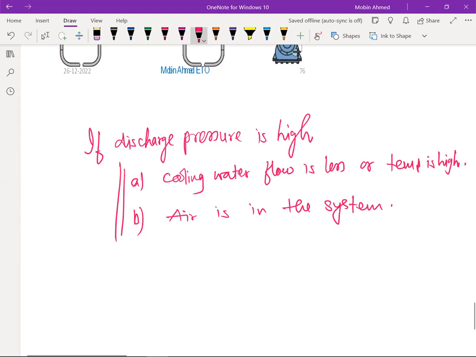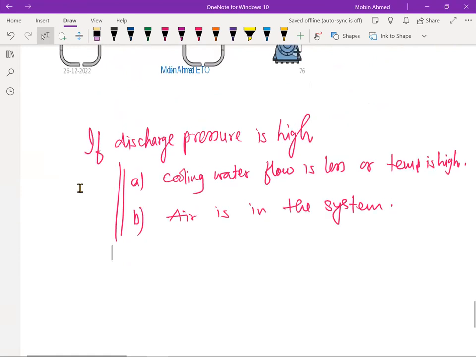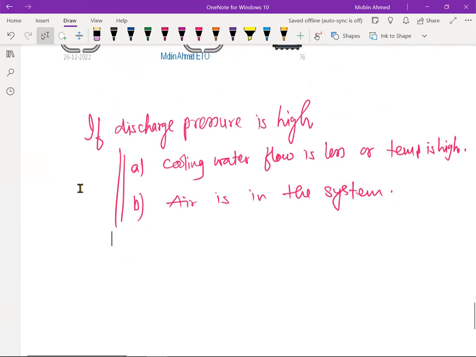There is always a chart given for this, in the manual basically. You need to see what the discharge pressure should be at that particular temperature.